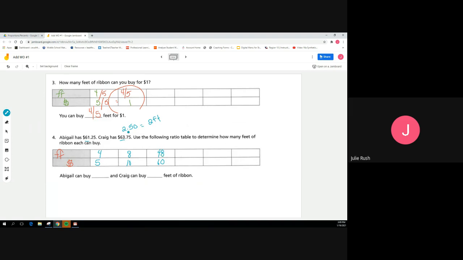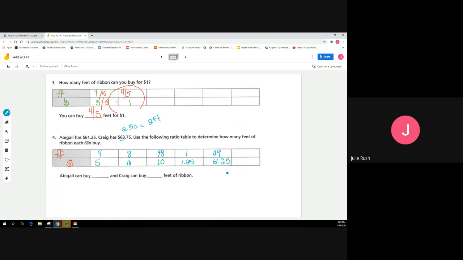I just need that 1 and 1.25, right? So I need the 1 foot for $1.25. And that puts me up to $61.25. And that is 49 feet.